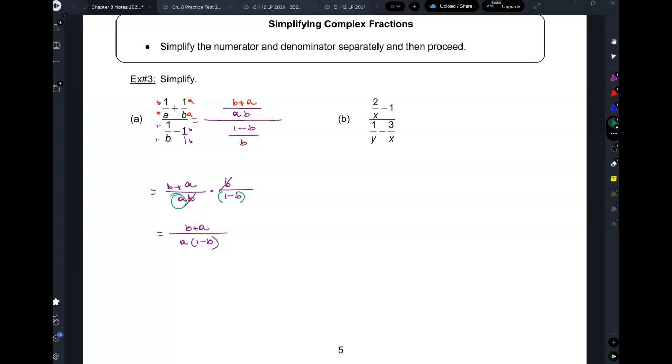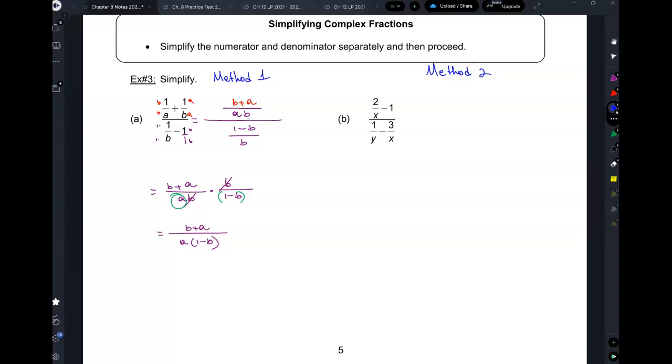Okay. So this is method 1. I really want you to know and be comfortable with both of these. Okay, let's look at method 2.